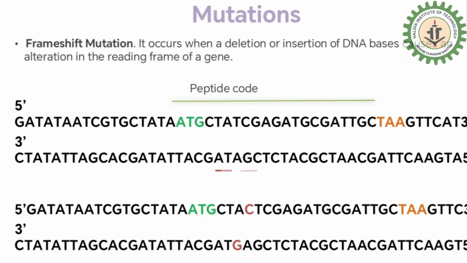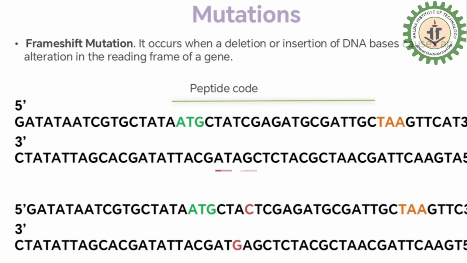Now let me show you what may occur if any mutation occurs within the reading frame. Here in this image, you can see if any substitution mutation occurs within that peptide code, the amino acid may get changed. Here in the lower part, I have shown one insertion. That is a point mutation with just one nucleotide inserted.